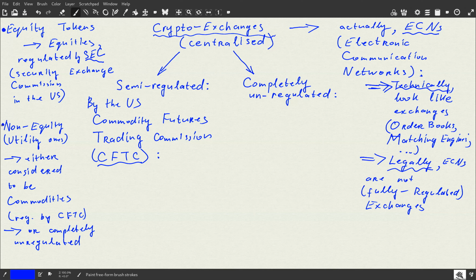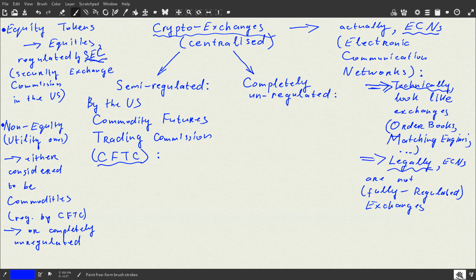Because if it is recognized to be an equity, then you automatically become subject to SEC regulations. The regulations are very heavy. The regulations are, I would say, very much contrary to the spirit and nature of crypto trading, and that would kill and had killed the whole idea.